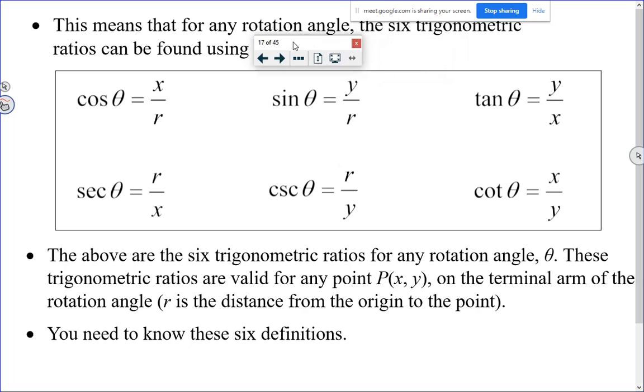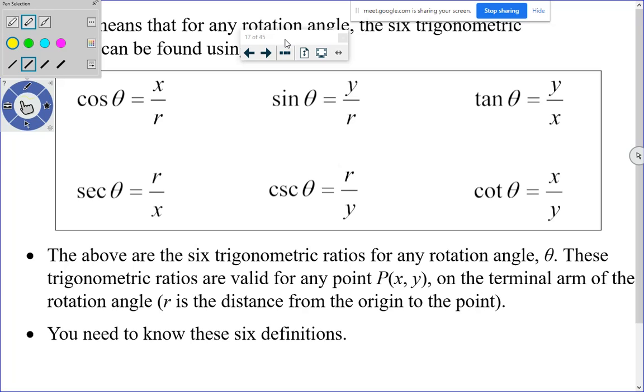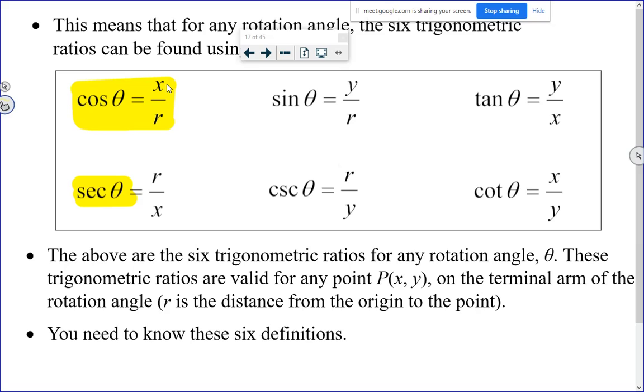Now, if it's the case that cosine of theta is x over r, and you know that from Math 20-1, and you know that secant of theta is the reciprocal of cosine, then we just take that x over r and we say secant of theta is r over x.